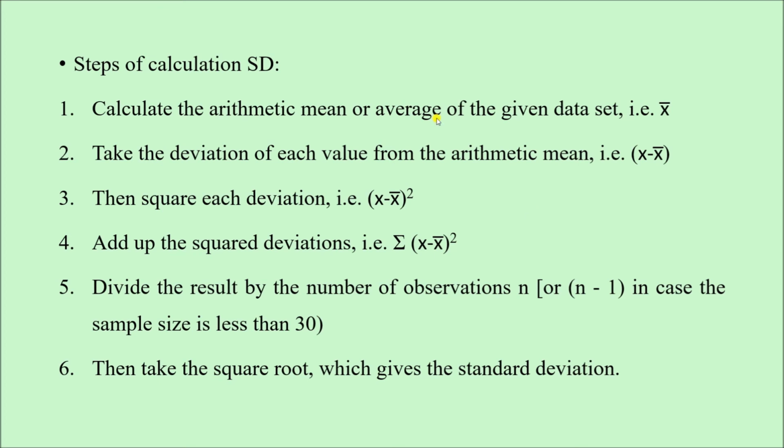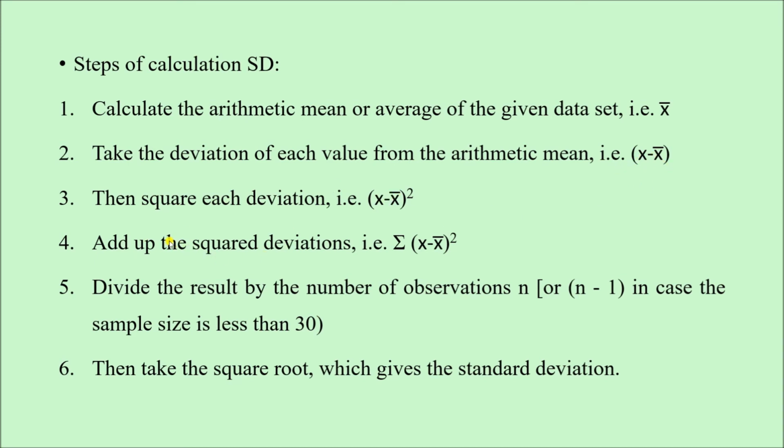What are the steps of calculating standard deviation? Calculate the arithmetic mean or average of the given data set. We have to find the mean value. Then you have to take the deviation of each value from the arithmetic mean. These first two steps are exactly the same as the mean deviation calculation. In the next step, we have to square each deviation. So these values we are getting, we have to square them up.